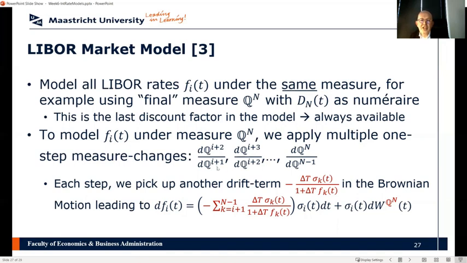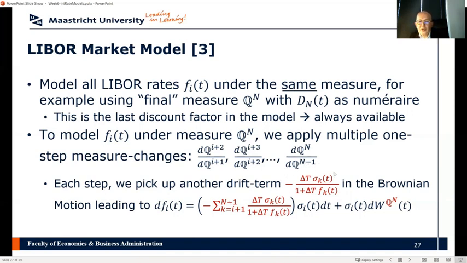And the first measure change is going from Q^{i+1} to Q^{i+2}, and the last one is going from Q^{N-1} to Q^N. So all the terms that I see in the denominator here are i+1, i+2, until capital N minus 1. So all the drift terms that I have picked up along the way is the summation for k from i+1, the first change of measure, up until capital N minus 1, that's the last change of measure.